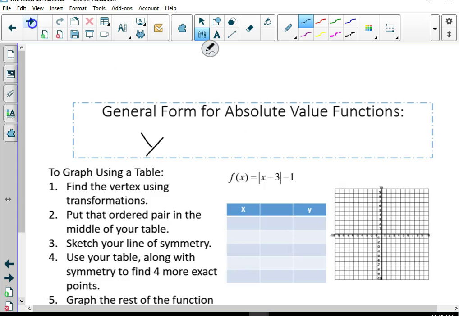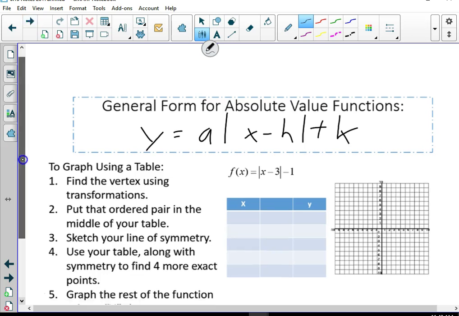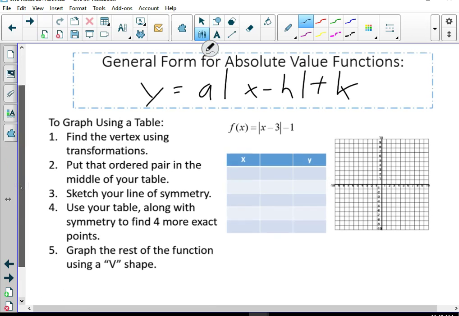Okay, so the general form of this is, there's an A again, A times the absolute value of x minus h, plus k. So we still have our A, H, and K. So what is my A on this one?